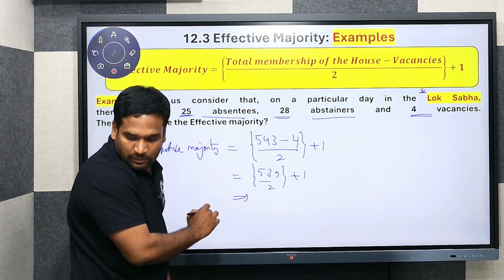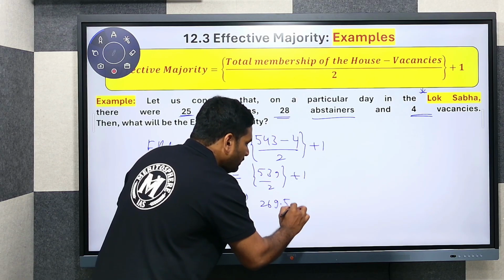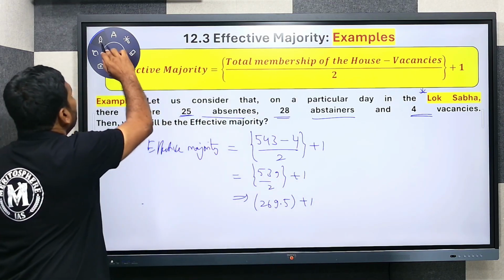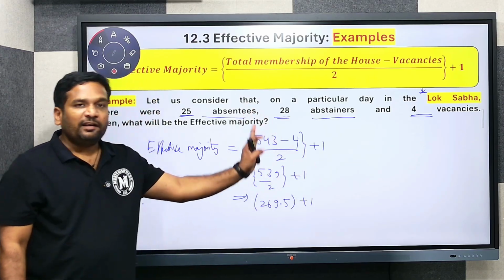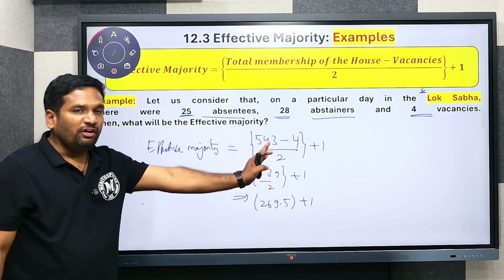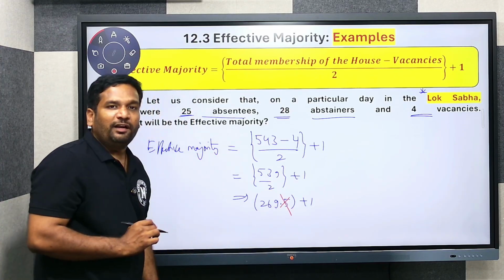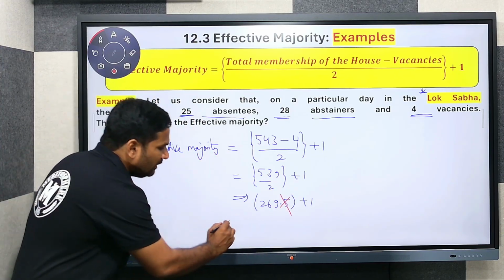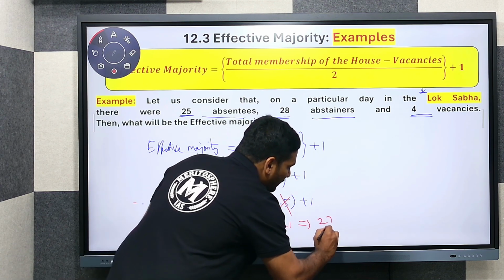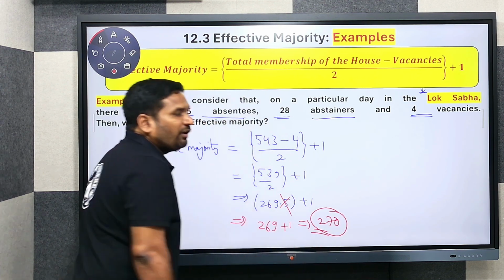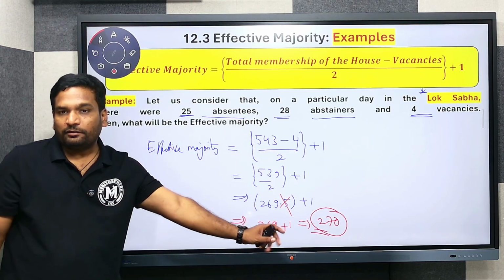This turns out to be 269.5 plus 1. Whenever we get a decimal while calculating this division, we omit it and take only the whole number, that is 269 plus 1, which equals 270. So the effective majority of Lok Sabha on that particular day is 270. Got my point?